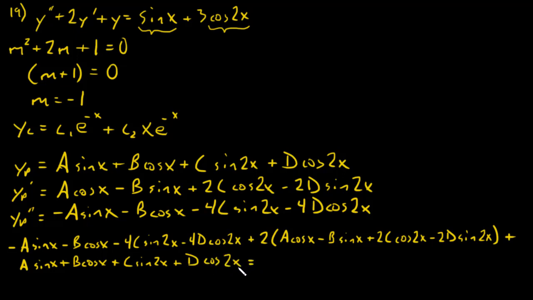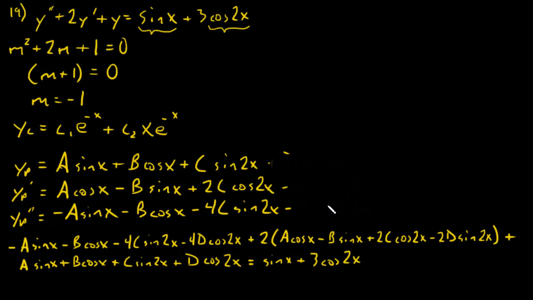And all that is equal to sine x plus 3 cosine 2x. Alrighty. So what I'm going to do is erase all of this and leave this down here and this up top so I don't have to rewrite it.